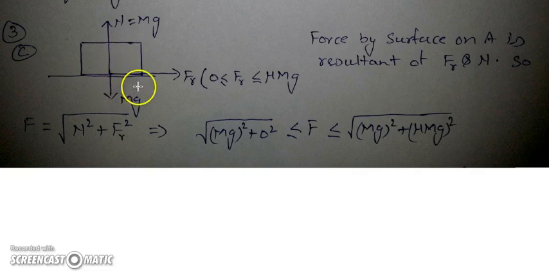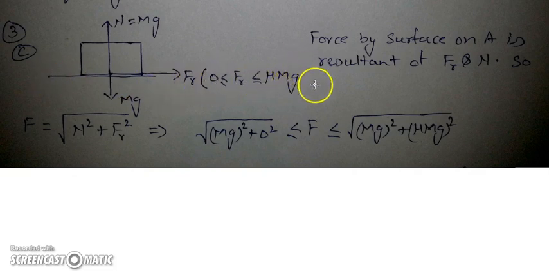Normal, mg, this friction force, and here should be a force applied by the man. So F is nothing but the resultant of these two forces. Normal will remain mg because there is no vertical acceleration, but friction will increase as the applied force increases from 0 to mu mg.